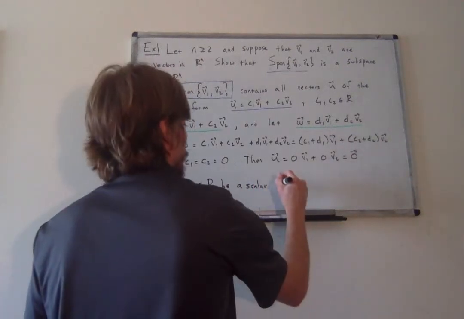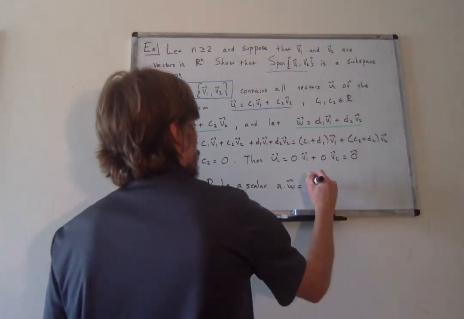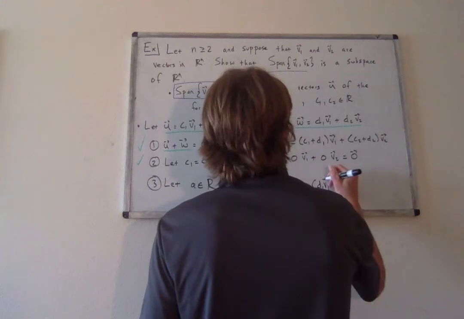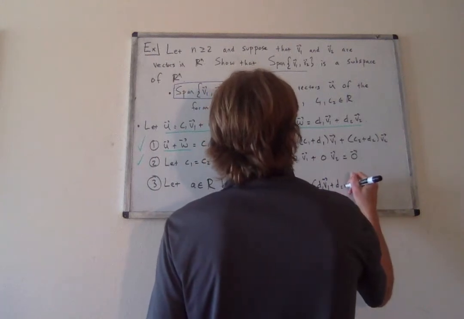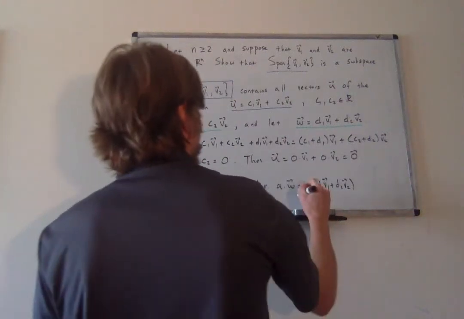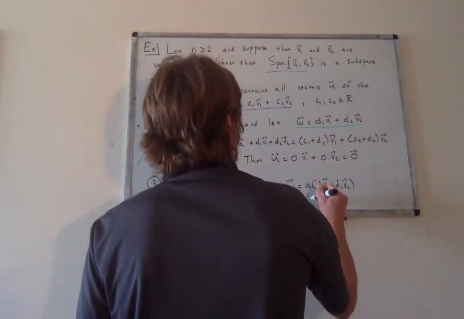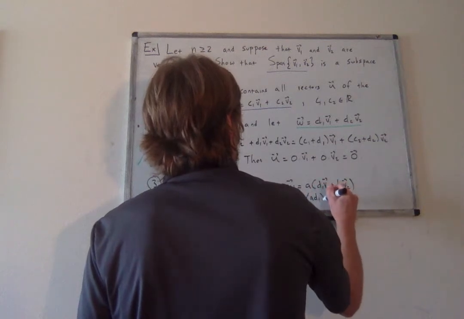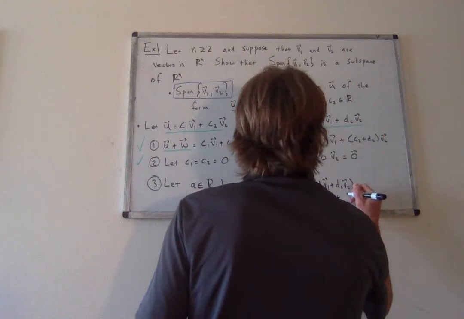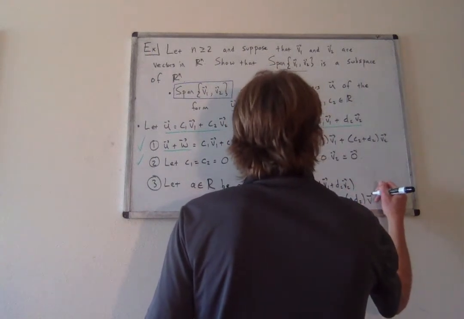Now let's look at A times W. And so this is A times D1 V1 plus D2 V2. And this is equal to A times D1 times V1 plus A times D2 V2.